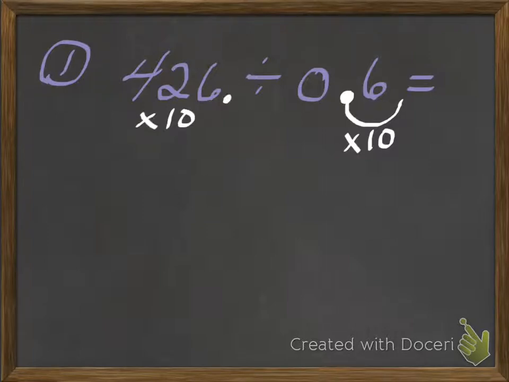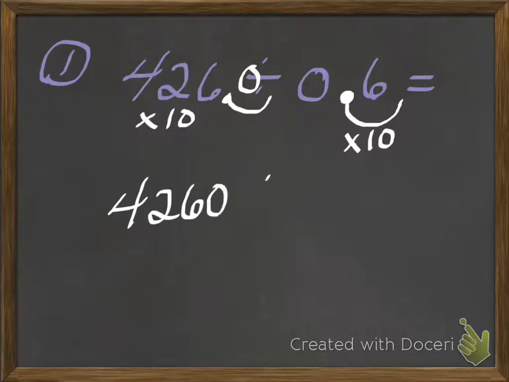Okay, I do have a decimal point there. Even though you didn't see it, it's still there. It's just at the end, next to the 1 spot. Decimal point's always by the 1 spot, between the ones and the tenths. And then I move it over one place. That means I'm multiplying it times 10, and I put a 0 right there. So now I've got 4,260 divided by 6. And there are no more decimal points.